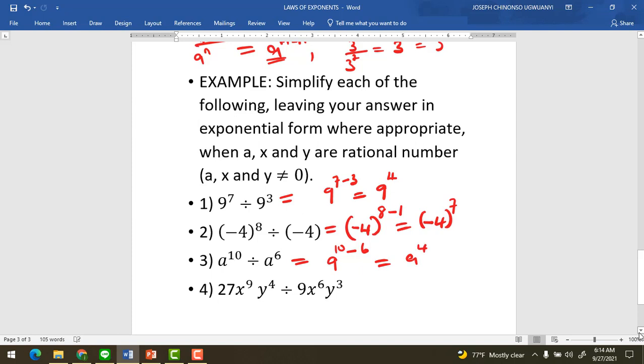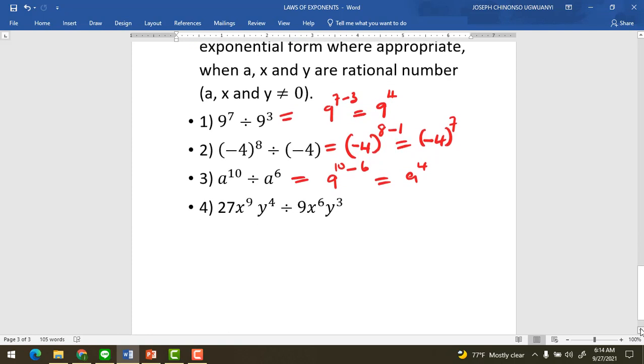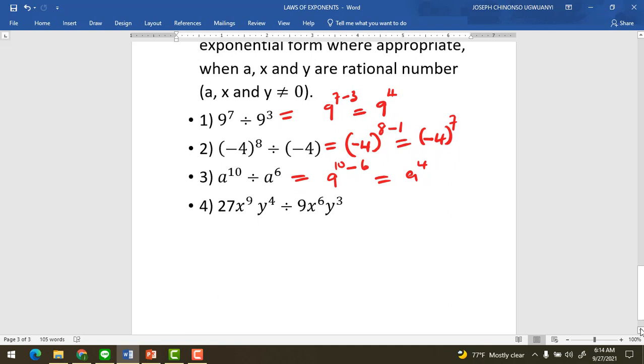Okay, the very last one says 27 x raised to the power 9, y raised to the power 4 divided by 9 x raised to the power 6, y raised to the power 3.